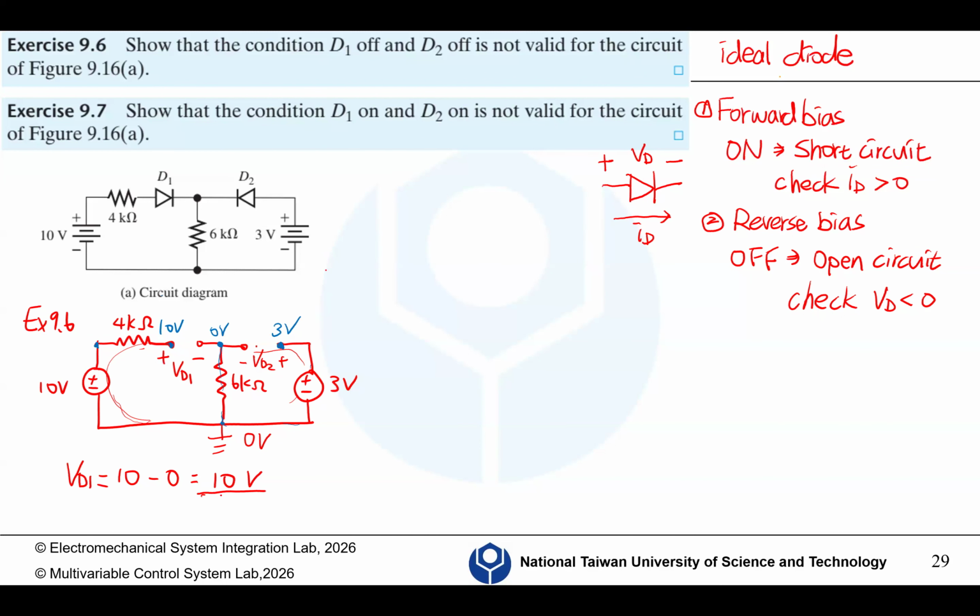So the voltage difference across D1 is 10 volts. It's a forward bias, right? And VD2 is 3 minus 0, positive minus negative, equals 3 volts.